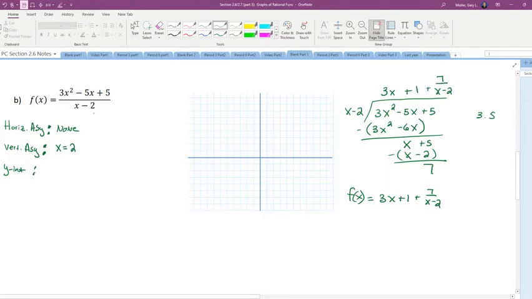I plug in 0, I get negative 5/2. If I plug in 0 over here, the 3x goes away, I get 1, plus, I plug in 0, it turns into a minus 7/2. Well, 2/2 minus 7/2 is negative 5/2. I get the same answer. Okay, so this function is just another way of writing the given function.